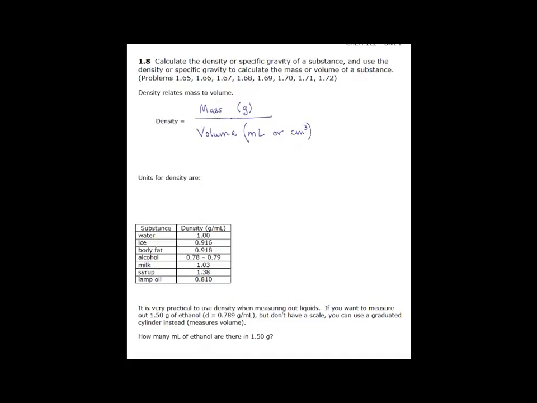So units that you'll see for density are grams per milliliter. You can see it written like that, or grams milliliter to the -1, or grams over milliliters.